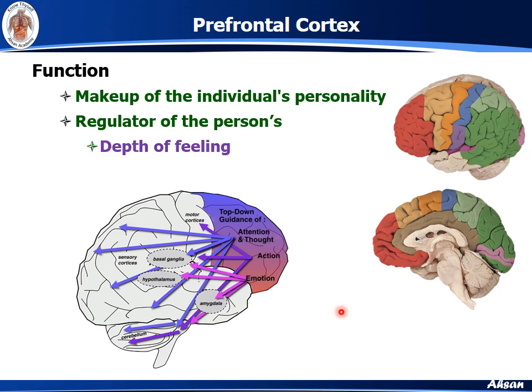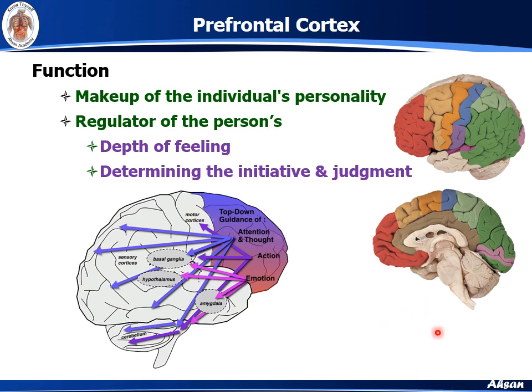It is responsible for some emotional feelings and initiation, and also for the initiative of performing a job, and judgment of the situation is the job of this prefrontal cortex.